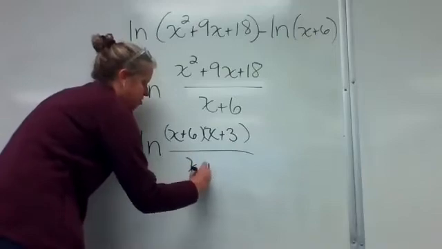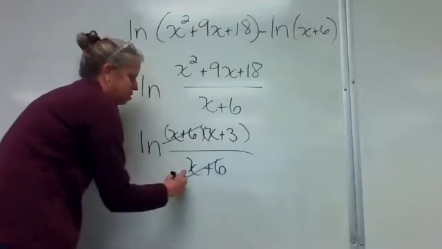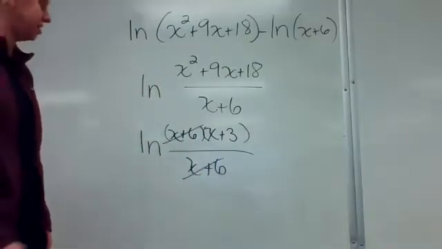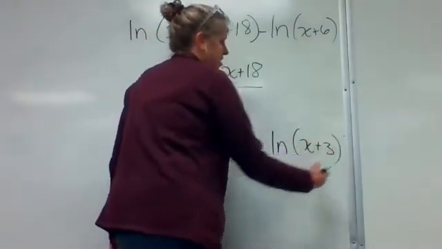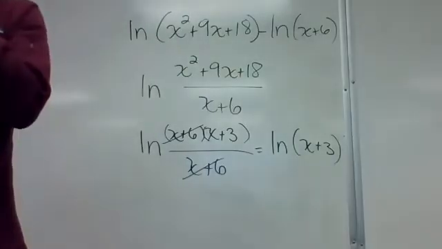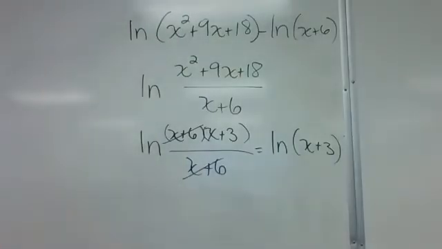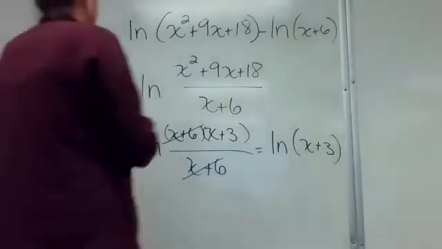And since the denominator is also x plus 6, those x plus 6s actually cancel out. So you are just left with ln of x plus 3. All right, last one in this section.